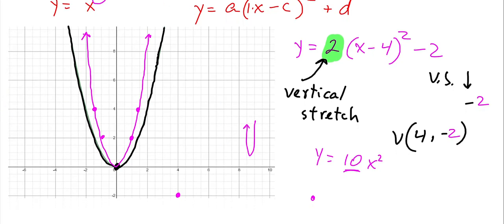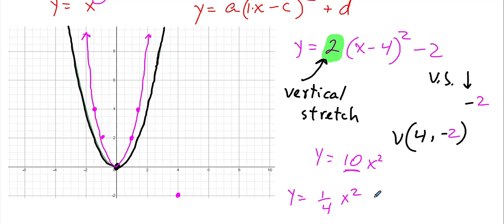On the other hand, what if this number was a fraction? If it was a negative number, it would flip down, like what we saw in the previous example. So I'm not too worried about the negative coefficient in front. But what if this was like y equals 1/4 x squared?